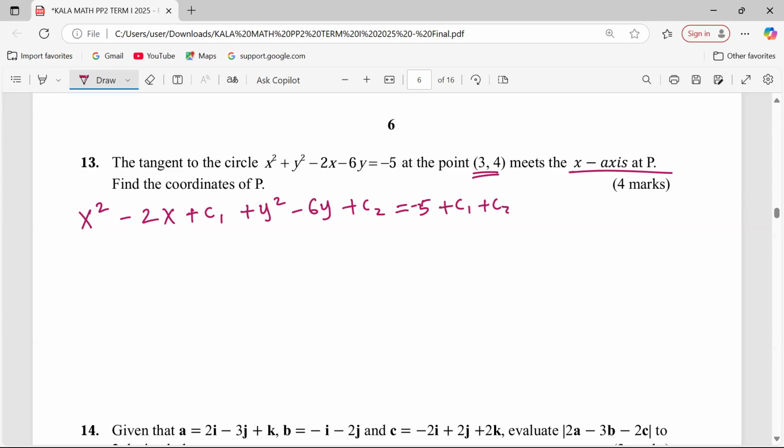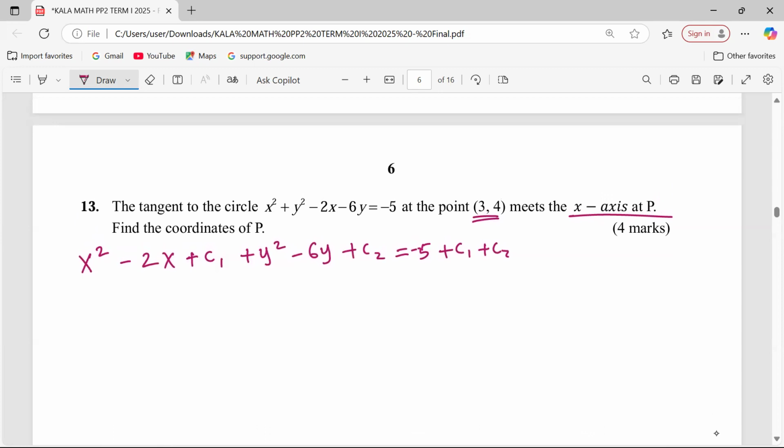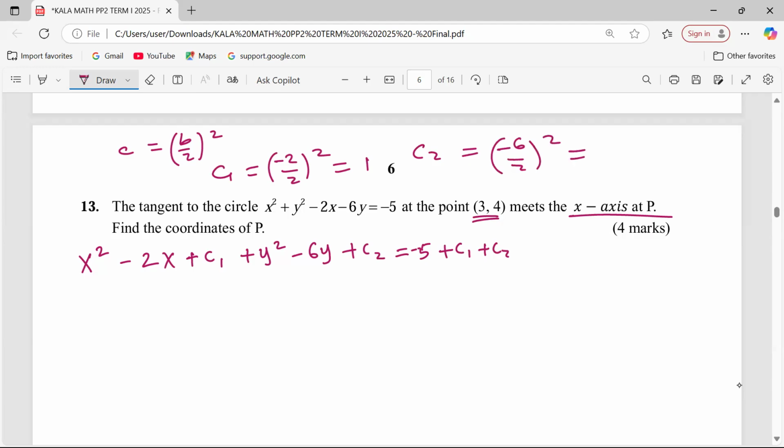To make a perfect square, the constant is given by the value of b over 2, squared. So C1 shall be negative 2 over 2, squared, which is 1, because negative 1 squared is 1. Then C2 shall be negative 6 over 2, squared. So negative 3 squared is 9.